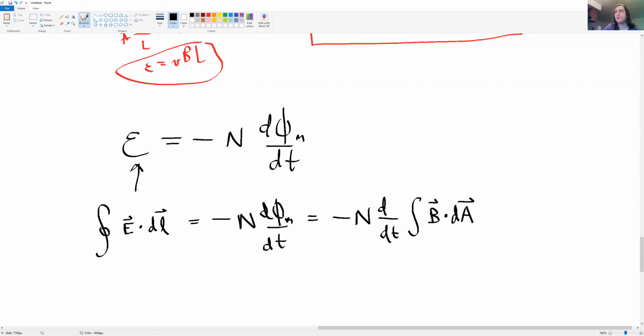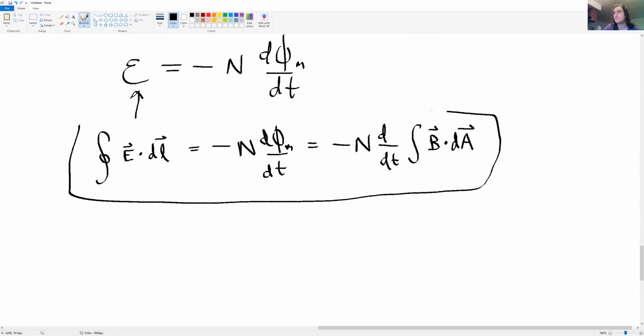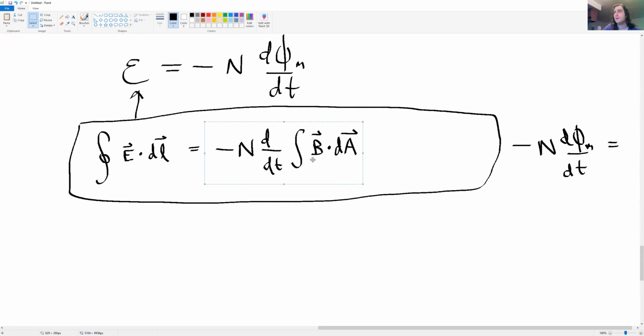So this is the full integral expression for Faraday's law right here. If I take out the middleman here, so to speak, and we'll move this over. Boom, there is the expression for Faraday's law in its integral form.